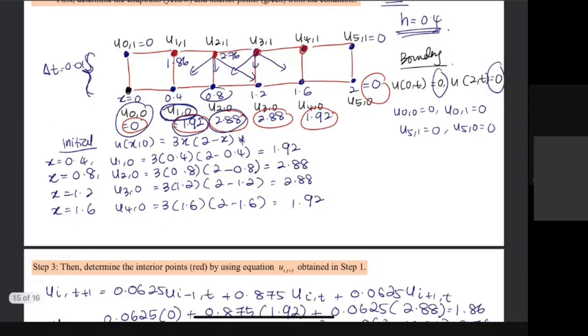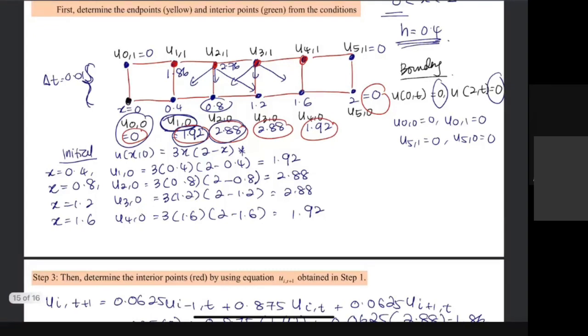So the temperature of U31 is 2.82 and U41 is 1.86.